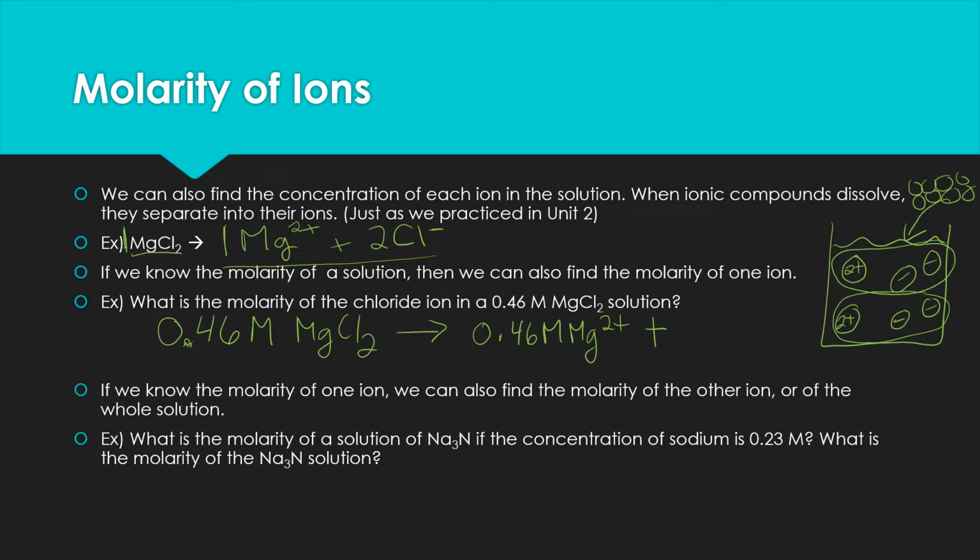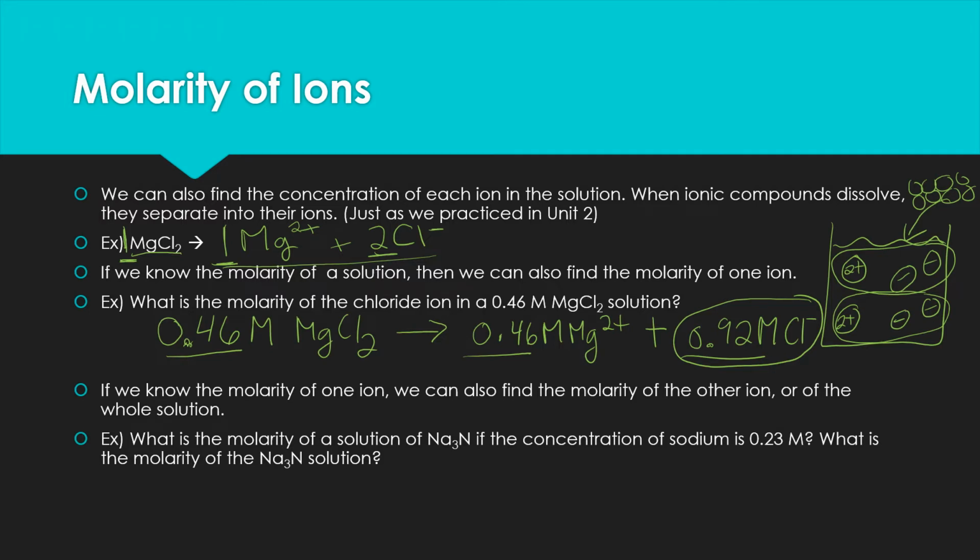So I'm going to double my concentration for my chlorine. So 0.46 times 2 is 0.92 molar chlorine ion. That's my answer. So when I take the molarity of my compound, that's for the whole compound, but we can keep that same ratio, a 1 to 2 ratio, just like we have up above. One magnesium chloride forms one magnesium and two chlorines. So if we keep that same ratio, we can find the concentration of any of our ions.